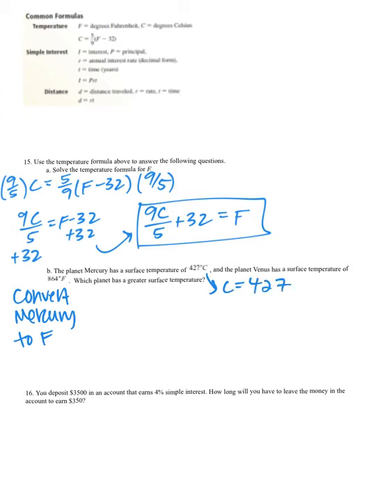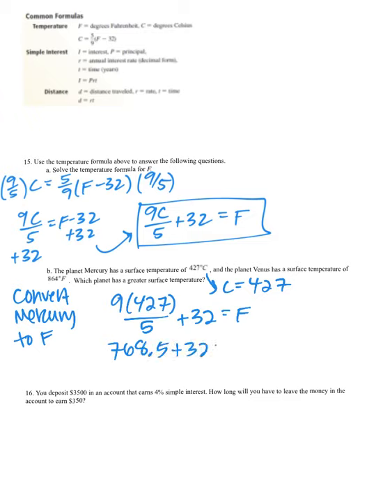So we know that right now in Celsius, C equals 427 for Mercury. If I want to turn that to Fahrenheit, I can just use the equation I just boxed above. So 9 times C will be 9 times 427 divided by 5 plus 32. That's going to give me the Fahrenheit. If I simplify this, I get 768.6 divided by... 0.5 plus 32 equals F, and it's totally appropriate to use a calculator here.